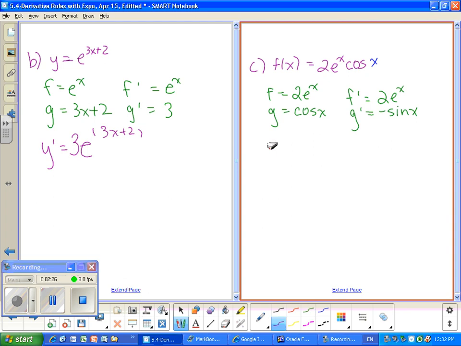We have f prime of x is f prime, which is 2 e to the x, times the g, cos x, plus g prime. Our g has a minus, so I'm going to put minus sine x times f. I'm going to put the 2 in front and then e to the x. The order of that, though, doesn't matter.